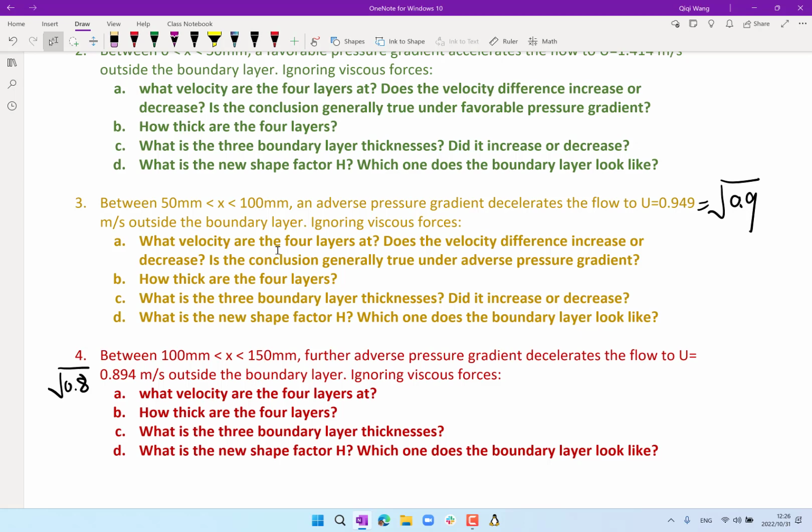That's flow separation. That's where the boundary layer detaches from the wall and goes to a free shear layer. You don't have time to work out 4, but if you do, there's no solution to 4. The boundary layer had separated.